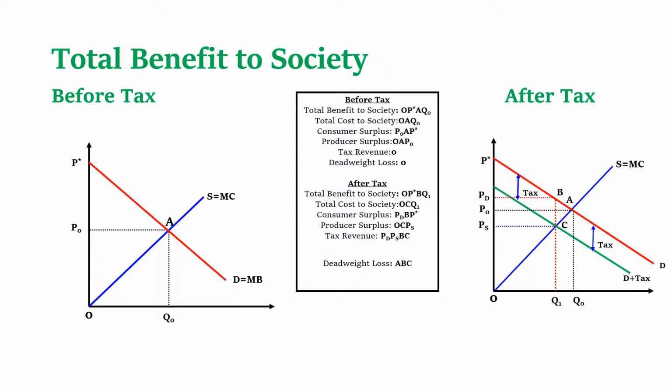It creates a distortive effect in the equilibrium mechanism in the market. So what happened here is, because of the tax, the consumer surplus has now reduced to P star, PD.